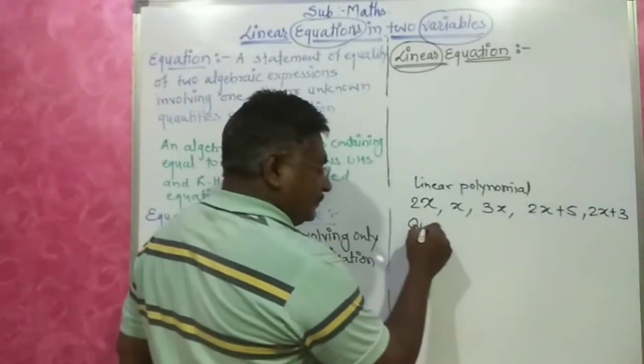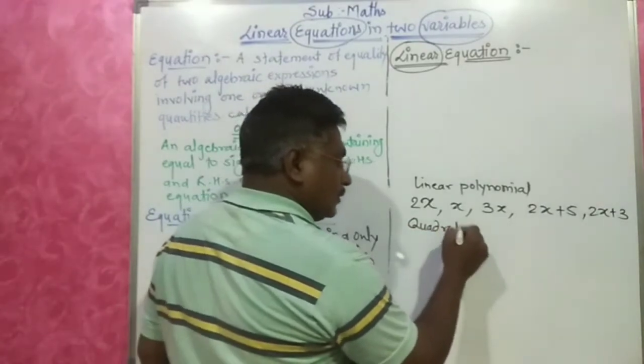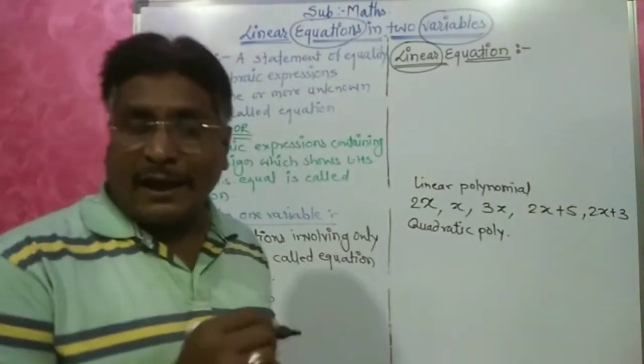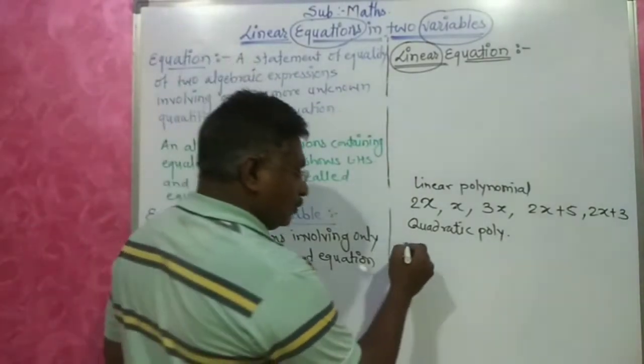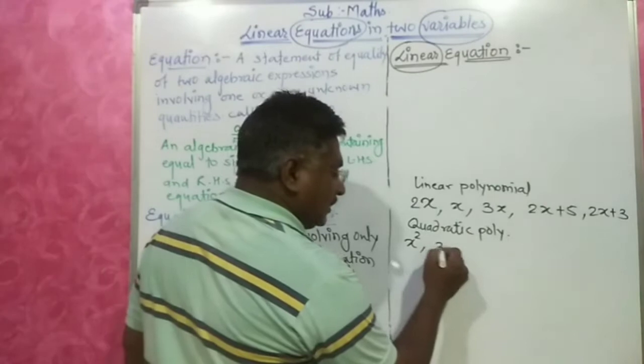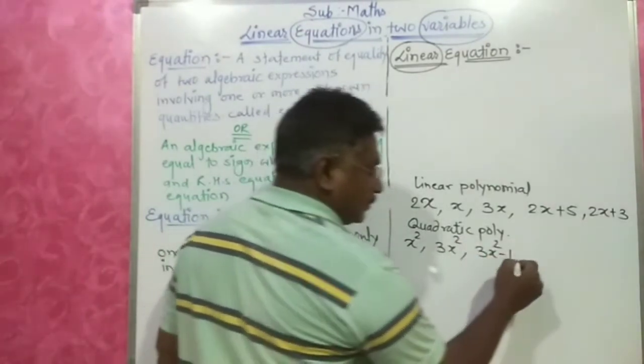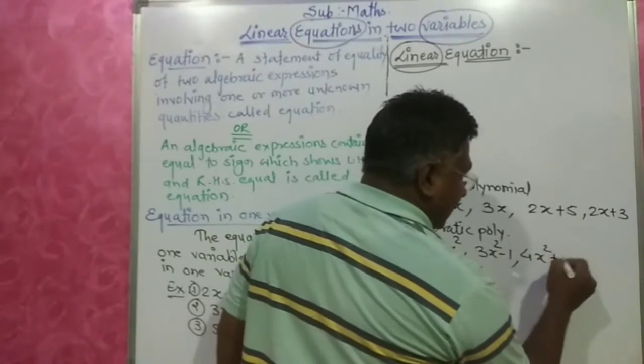Quadratic polynomial, a polynomial having degree 2: x square, 3x square, 3x square minus 1, 4x square plus 5.